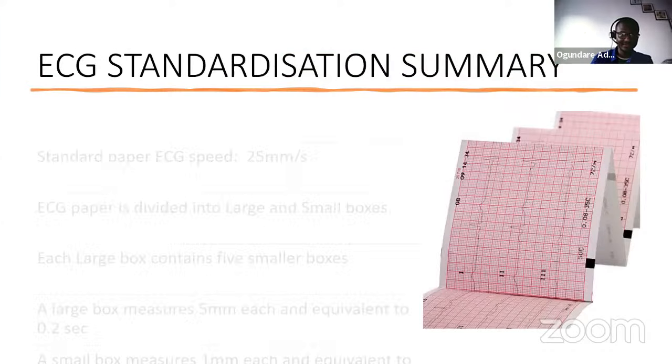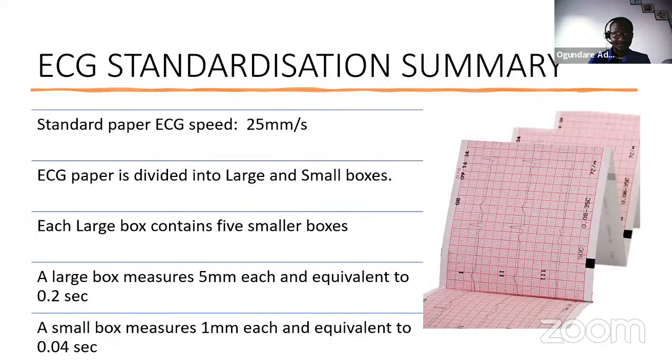So summarily, a standard ECG paper speed is 25 millimeters per second. ECG paper is divided into large and small boxes or small squares.